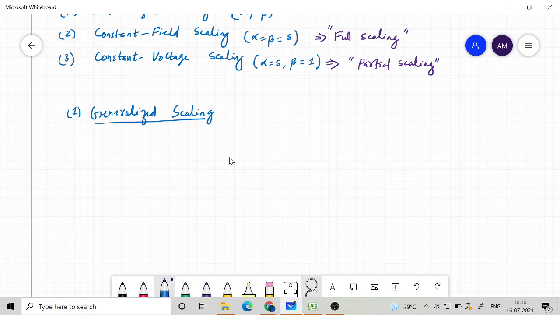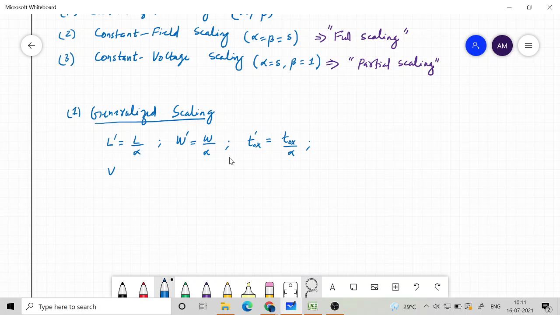In generalized scaling, as I told earlier, L dash becomes L by alpha, and W dash becomes W by alpha, that is also a dimension, and then Tox, which is basically the oxide thickness, is also scaled by alpha. And the other important one, VDD.